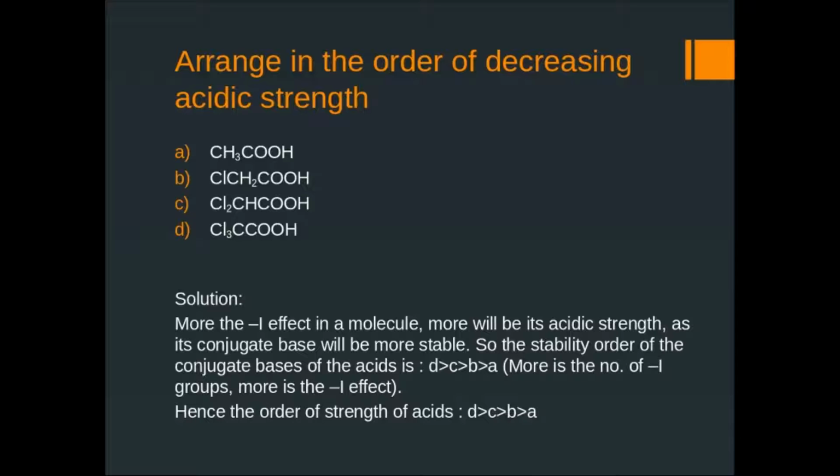There is no chlorine atom, no electronegative atom. The electronegativity difference between carbon and hydrogen is not so much compared to chlorine and carbon, so it is the least acidic molecule, and so the order is as follows.